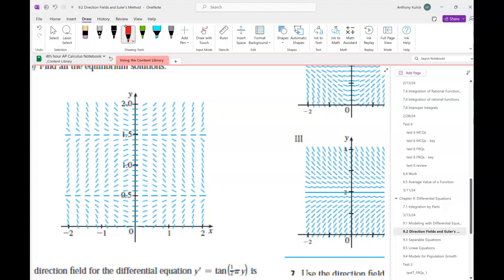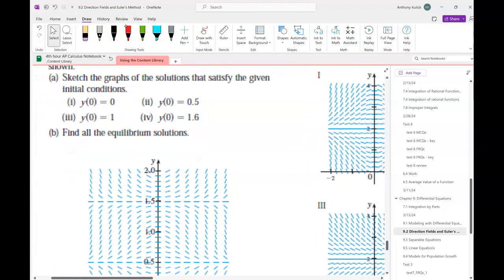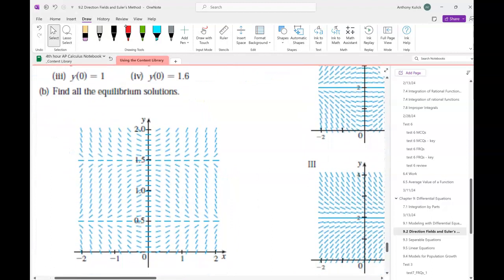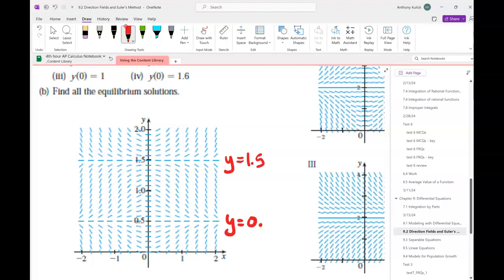So let's take a look at number 1, part B, asking for the equilibrium values. What do you see? 1.5 and 0.5. So you have to say the variable, though. So y equals 1.5. Y equals 0.5. Do you see any others? No, wait, I see one more.